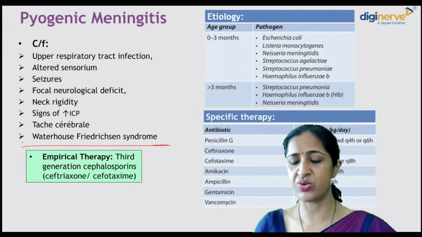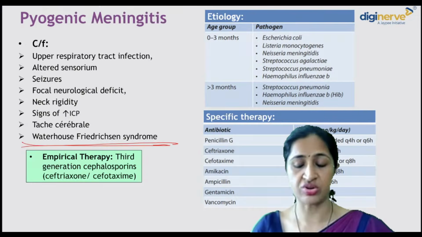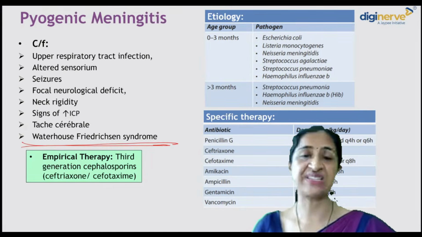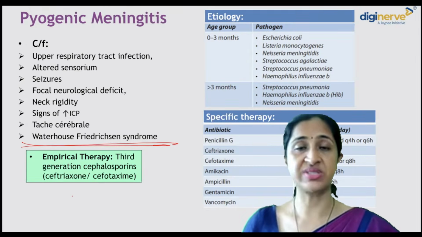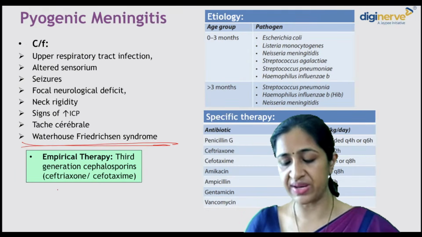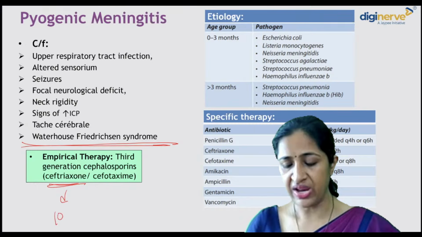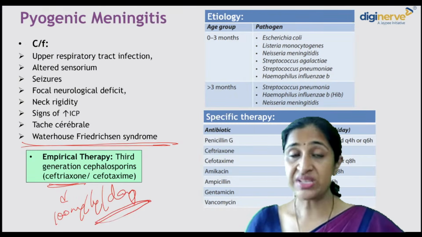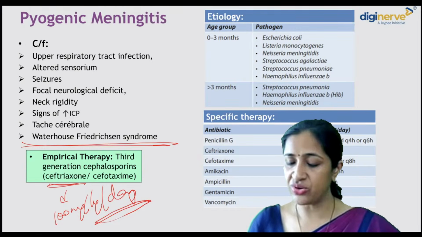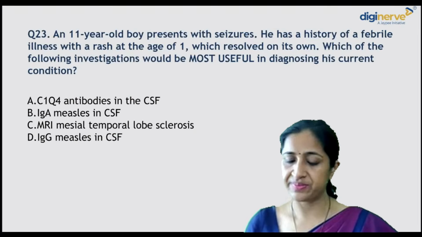Waterhouse-Friderichsen syndrome is what you see with severe meningococcal toxic shock, where meningococcus affects the adrenal, causing hemorrhage in the adrenal. Empirical therapy, you will start with third generation cephalosporin, which is typically ceftriaxone at a higher dose of 100 mg per kg per day. Once you have done the CSF and diagnosed, then you can go for specific therapy.